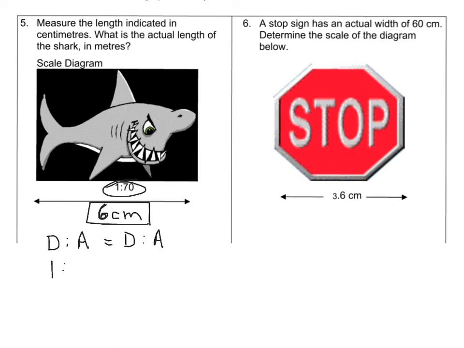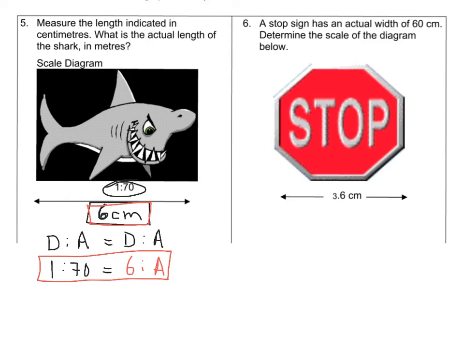They're telling us the scale is 1 centimeter in the diagram is 70 centimeters in real life, right? Similarly, the diagram that I have measured is 6 centimeters. So that's what goes here. But I don't know the actual measurement of that shark. That's what I'm trying to find. So this is the setup of those two ratios. Diagram to actual is equal to diagram to actual.